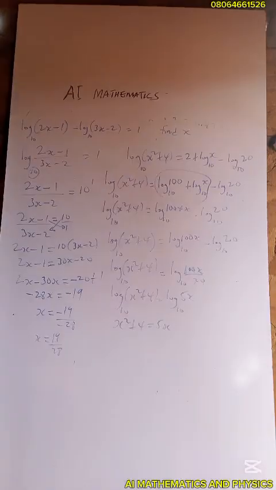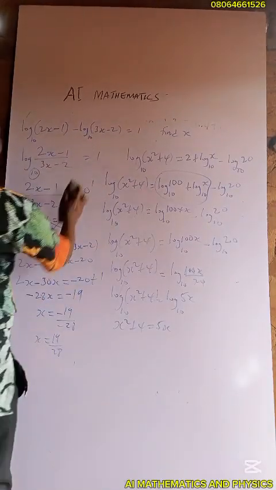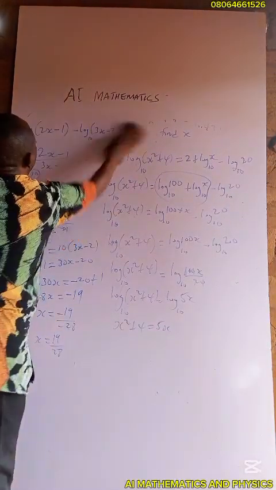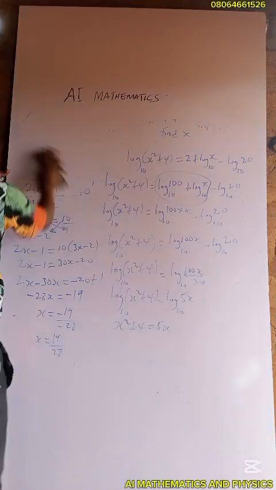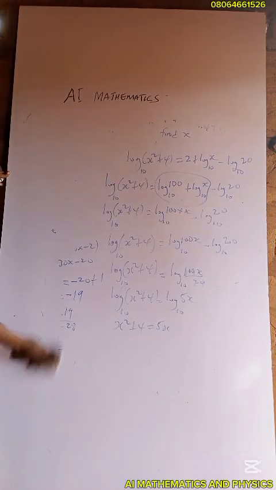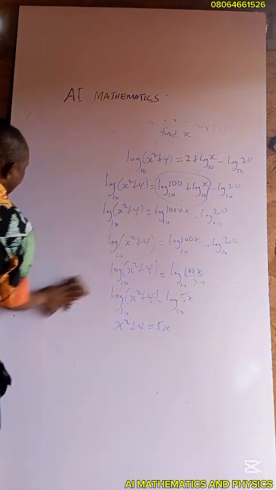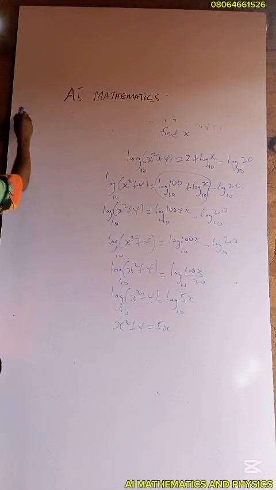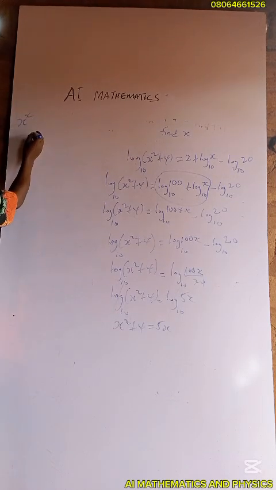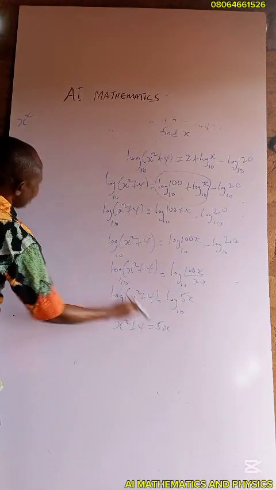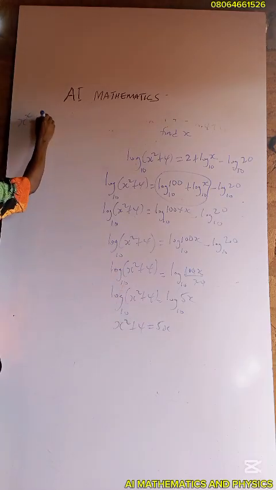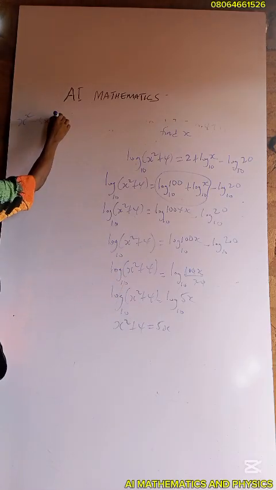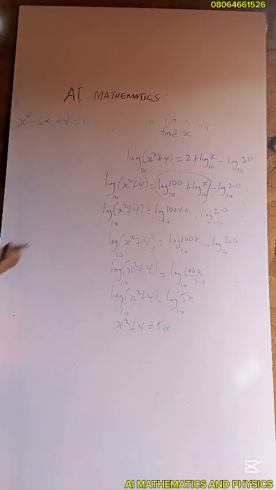That will now be x squared minus 5x plus 4 equal to 0. We take this one here, it has become a quadratic equation.